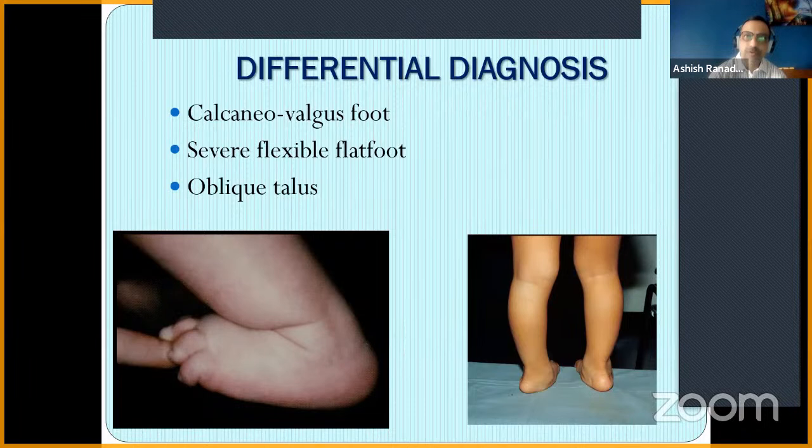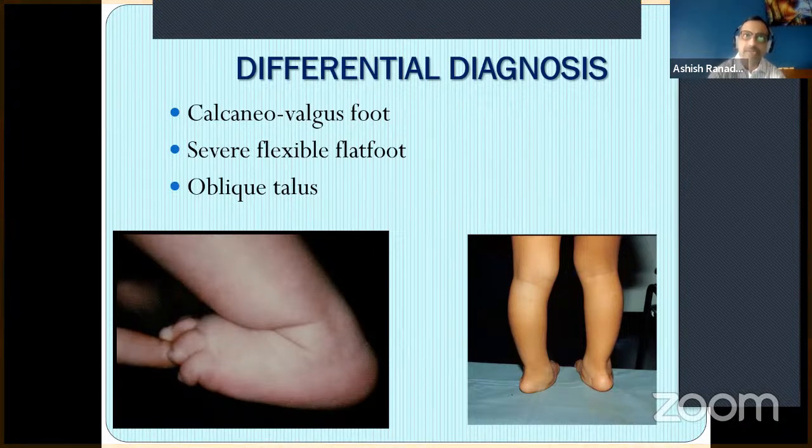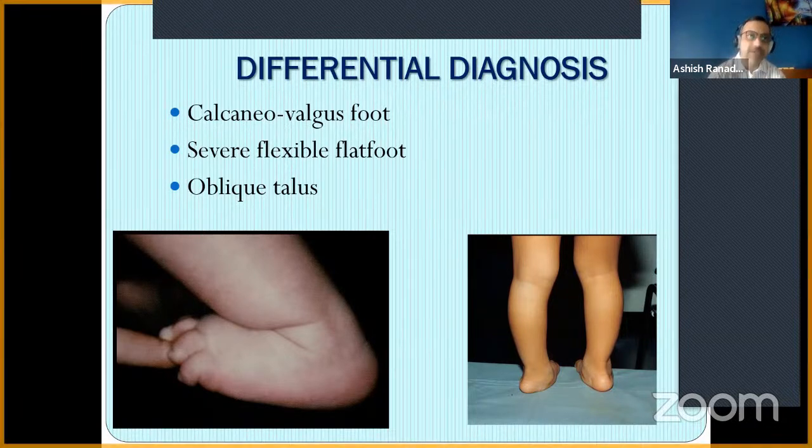Also, if you do dorsiflexion, the equinus at the ankle joint gets corrected, which does not happen in vertical talus. So the diagnosis can be difficult in the neonate, but X-rays are useful. We'll see more about evaluation of this.